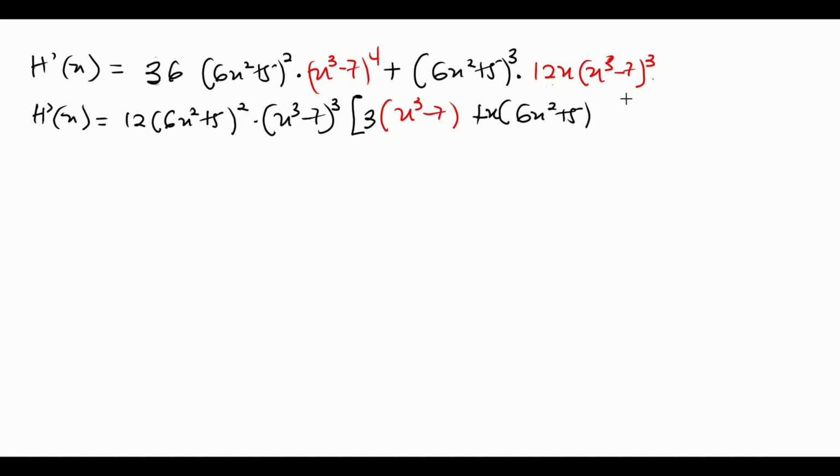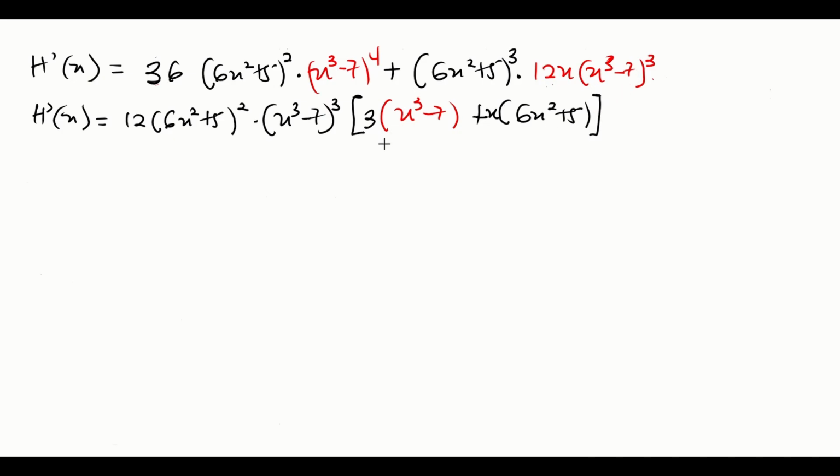After that, now I come and look at whatever is here. Over here, I remember we took (x³ − 7) all to the power 3. Now, this is the same as everything that is here. So as we have taken everything that is here, whatever will be left here is 1. So it means that our final result is this.